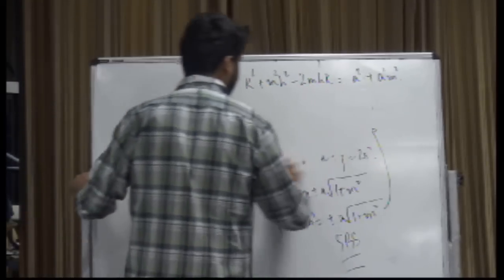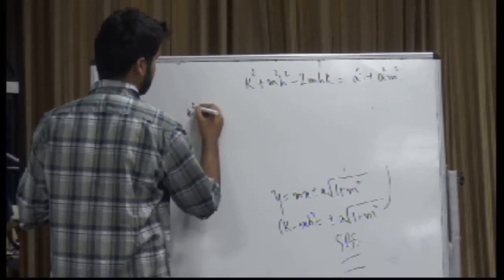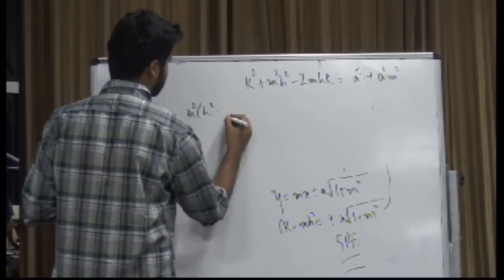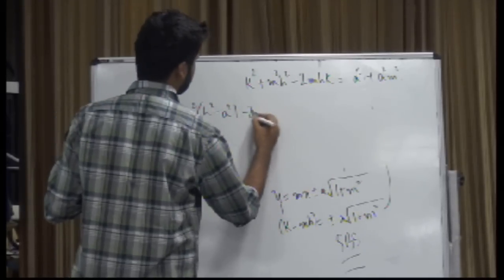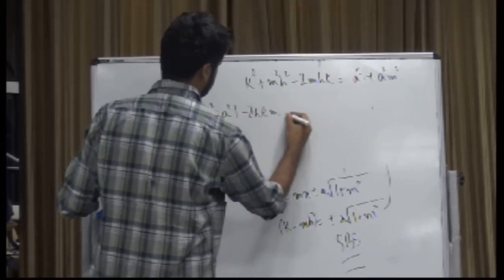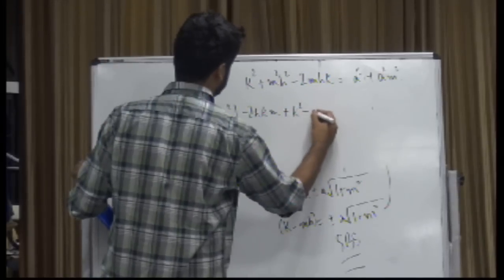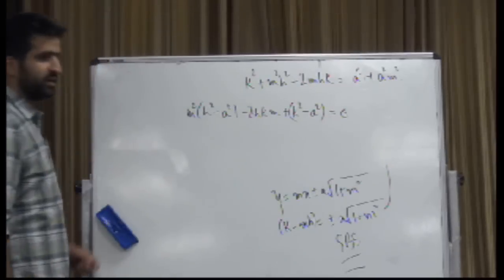If we rearrange the terms, I will get m square (h square minus a square) minus 2hkm plus (k square minus a square) is equal to 0. This is the quadratic equation in m.